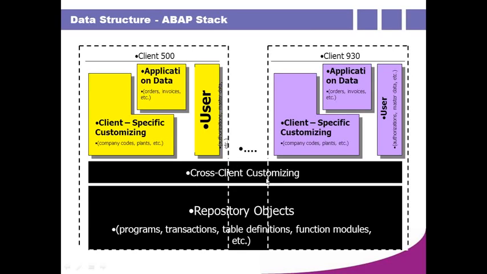It can be accessed by any client. By sitting here, you can modify this also. So that's why these three are called client dependent or client-specific data. These two are called client independent or cross-client data.